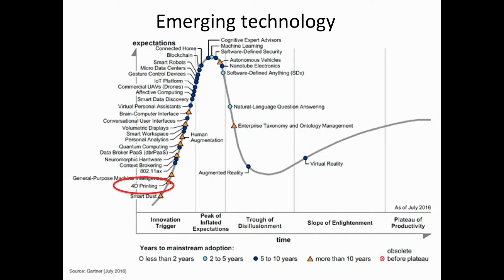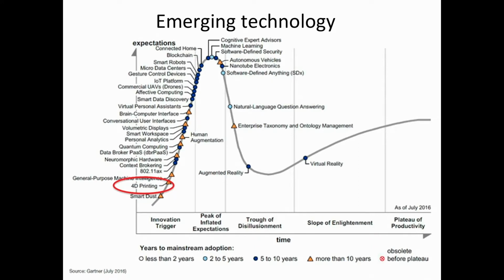This is very interesting. You know this graph? What is this graph? This is a methodology by the world leader in strategic consulting and in IT technology, the company called Gartner, and they release this graph every year.